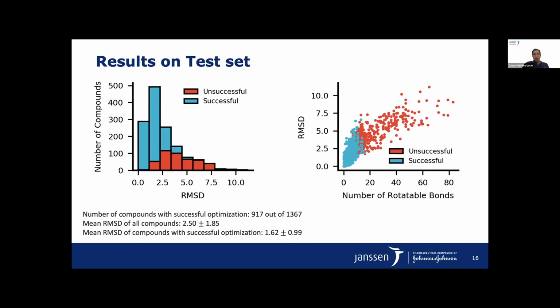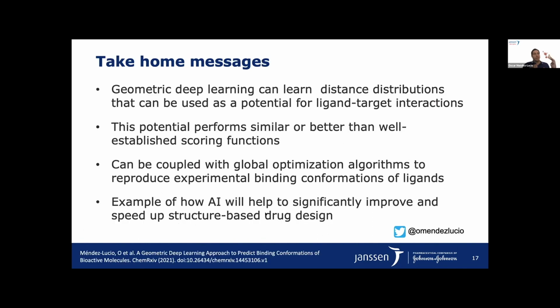So as you see during this talk, we have many ideas from AlphaFold, for example, to use this distribution, learning this potential. Something I want you to take home is that it's possible to learn potentials from ligand and target, so not two bodies now, not only one, with 3D information.